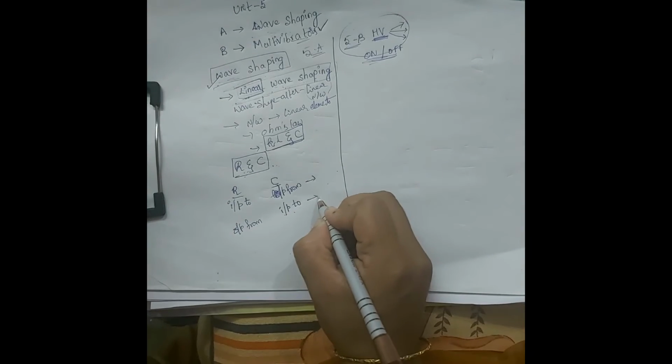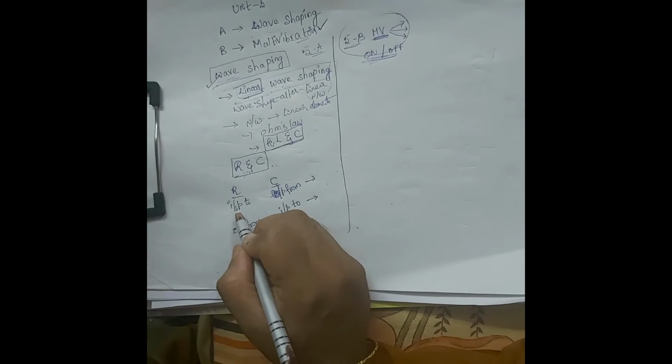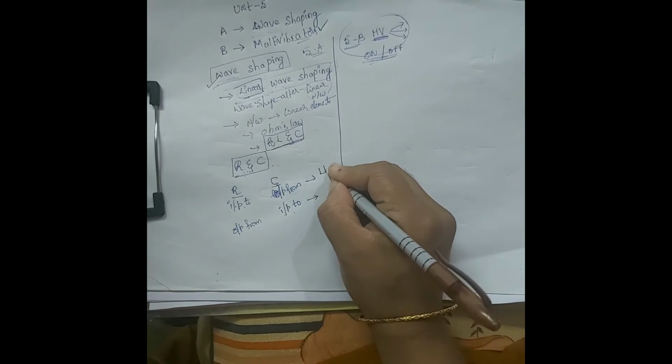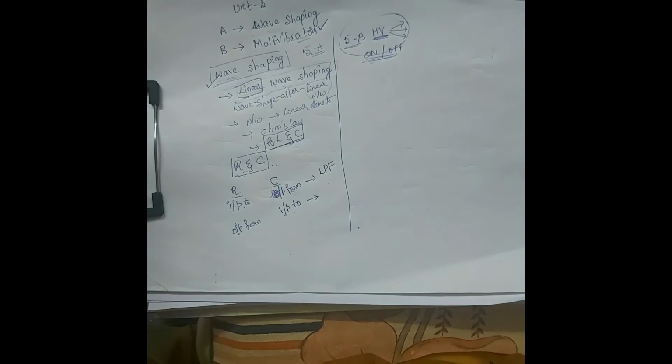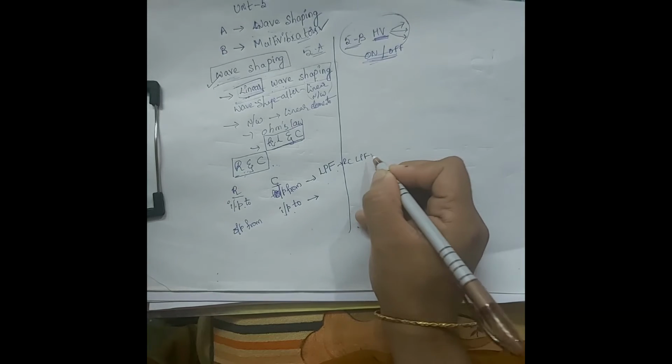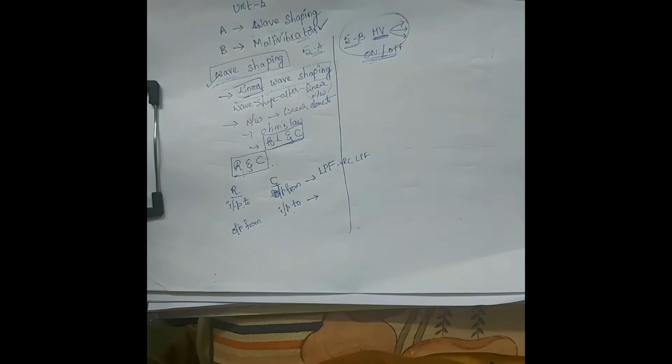This forms another circuit. If you give input to resistor and collect output from capacitor, then this forms a low pass filter, which is called an RC low pass filter or RC low pass network. That means it allows only lower frequencies and attenuates all the higher frequencies.